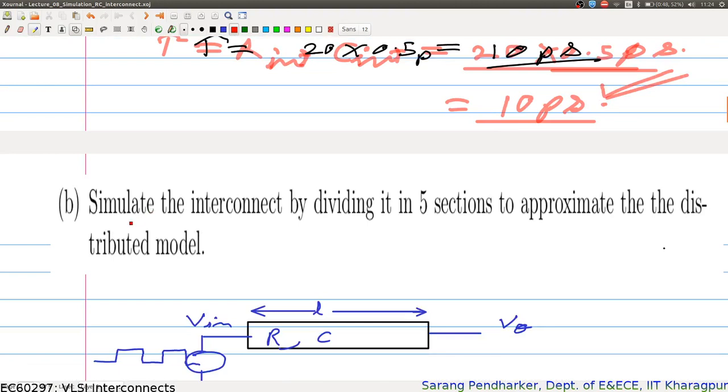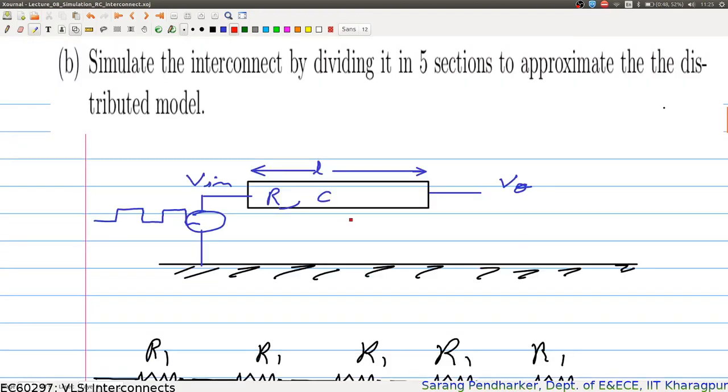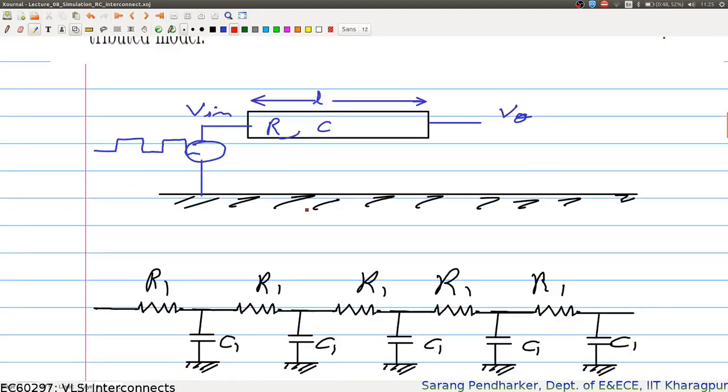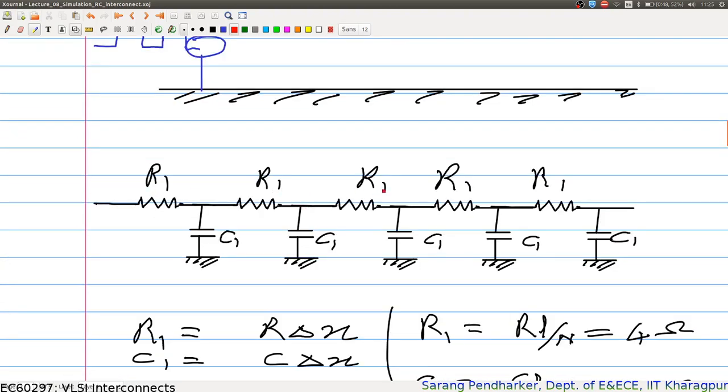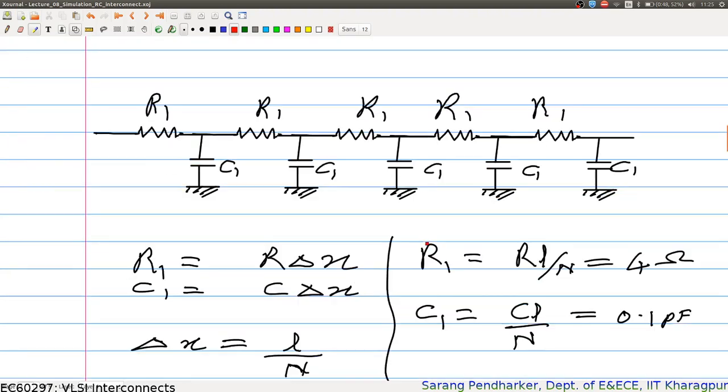For this, what we have to do is divide this in 5 sections. So what we will do is that you have an interconnect. Now instead of one single element, you have 5 elements: R1, R2, R3, R4, R5, and all of them are equal. So I have given the name R1 here in my worksheet.